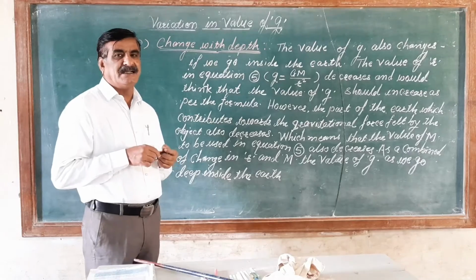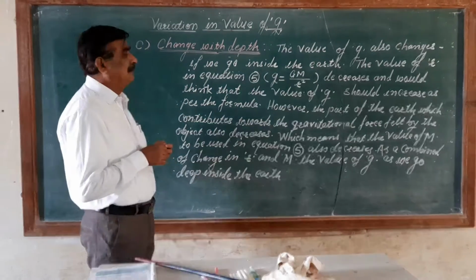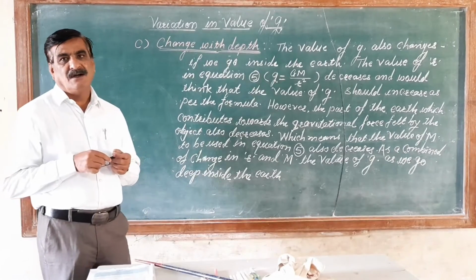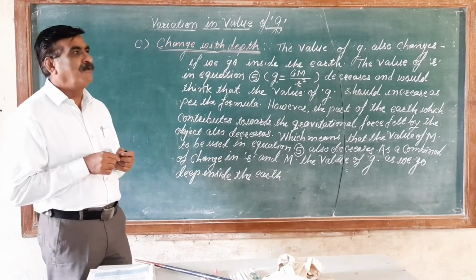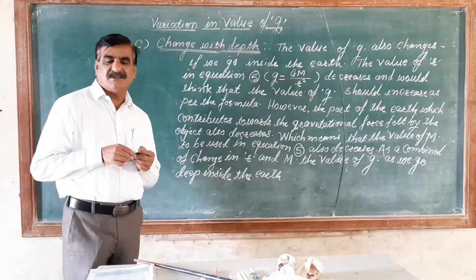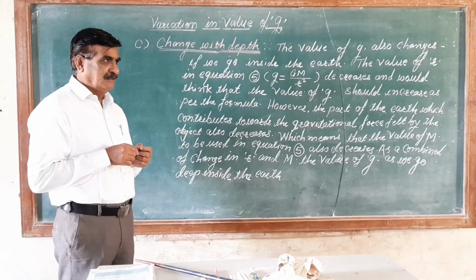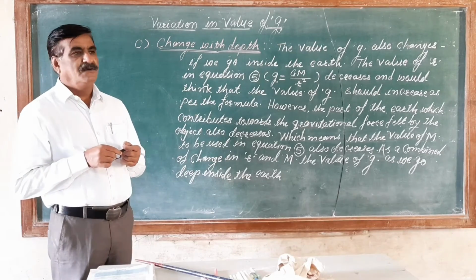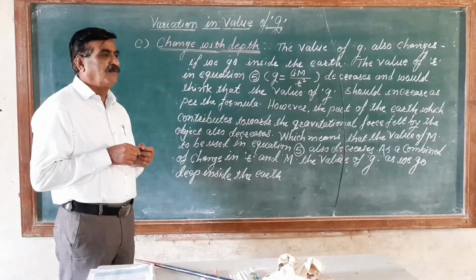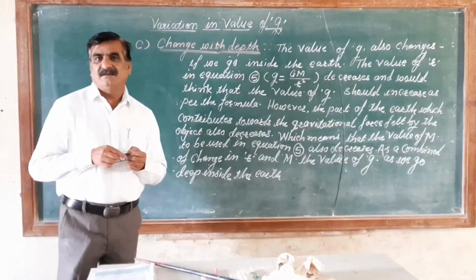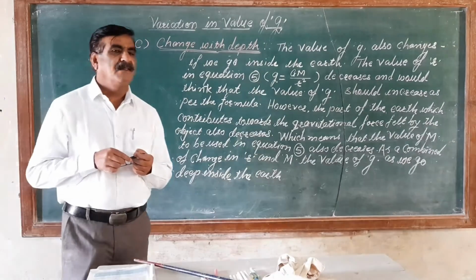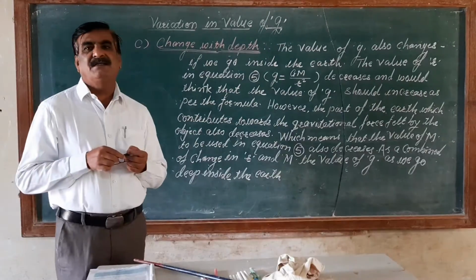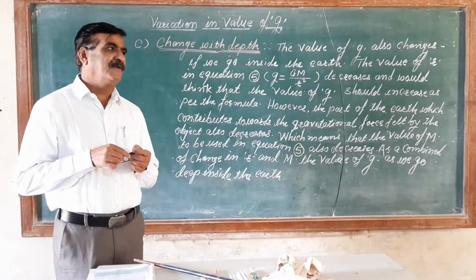Lecture. Continue the effect of factors on the gravitational force as well as gravitational acceleration. In the last video lecture, we saw the points that affect g, that is, points along the surface of the earth.